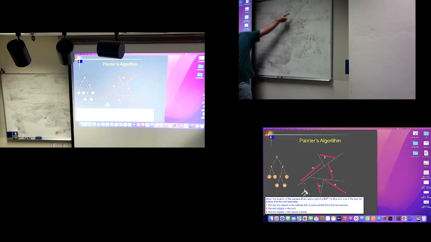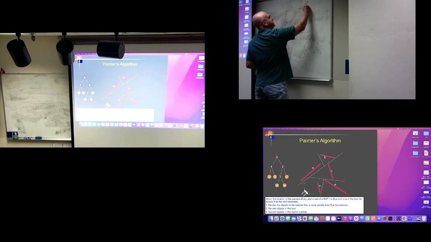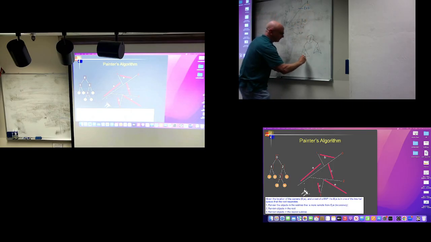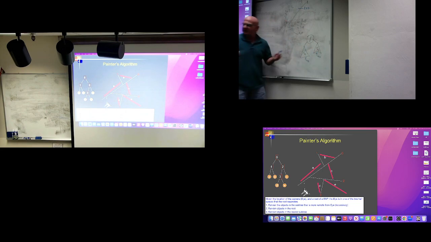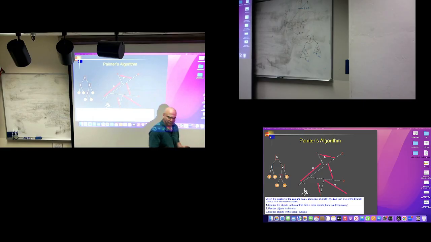What I can have are triangles that are on both sides of L, and they will need to be treated separately. For example, T23 needs to appear both on the left side as well as on the right side, and maybe during the visualization, during the depth order, I'll do something about it.